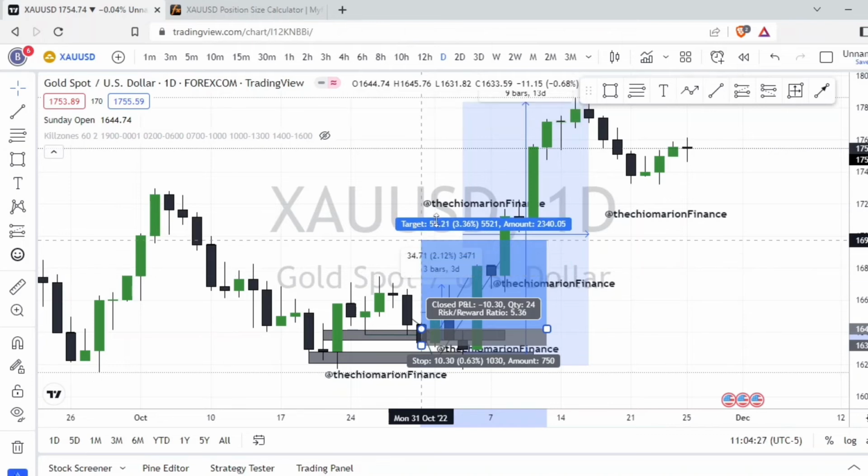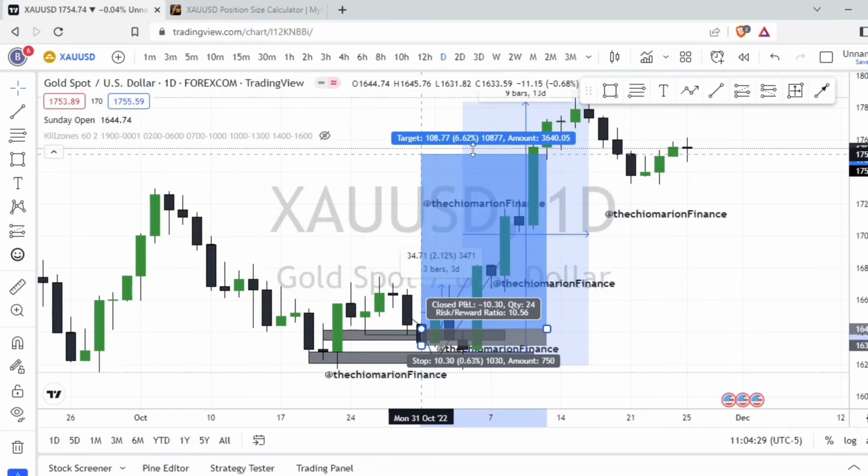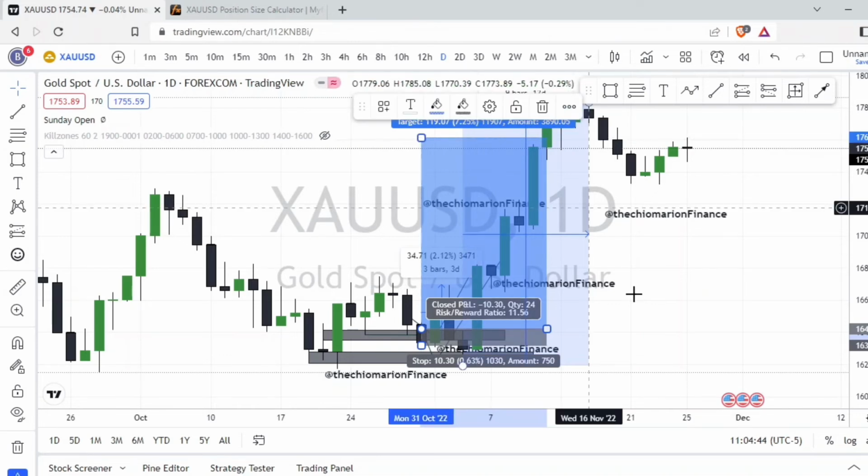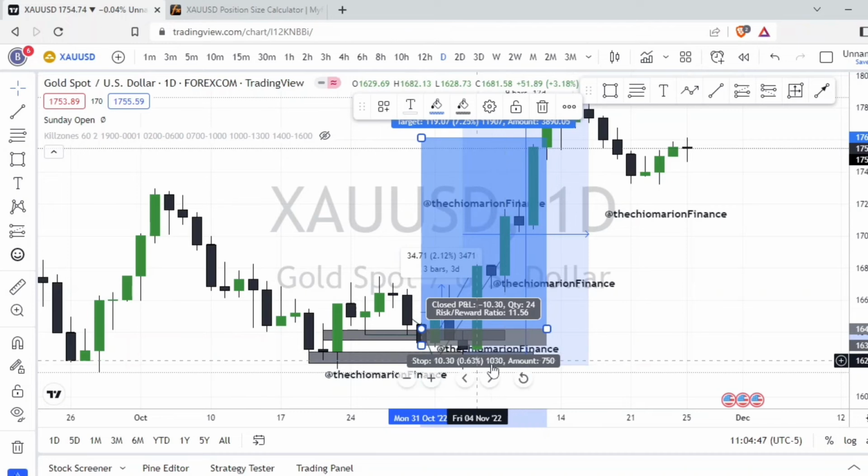Let's say this trade went as far as giving us over 170 something pips in reward. So this is a very high risk to reward trade. Let's just say we are risking 103 pips to get 190 pips for this particular trade.